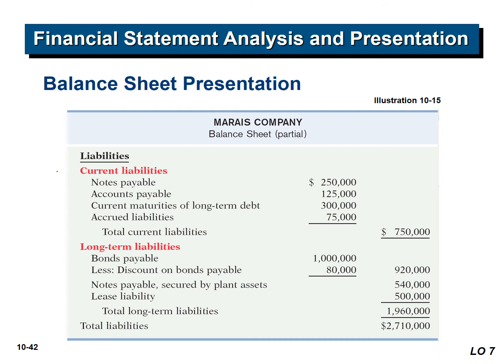We have current liabilities, such as notes, accounts payable, current maturities, and accrued liabilities like wages payable, and we have long-term liabilities like bonds, notes, leases. Those are long-term, due in more than a year.